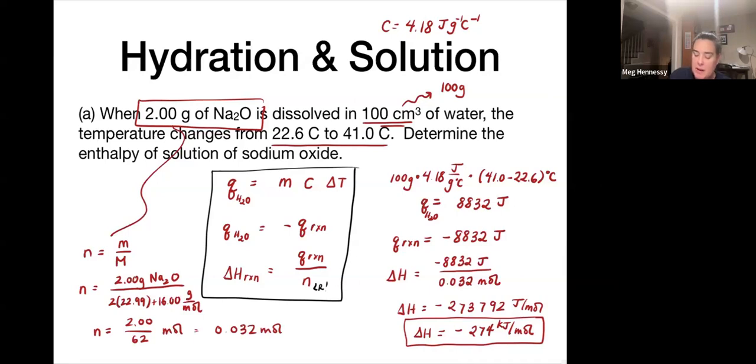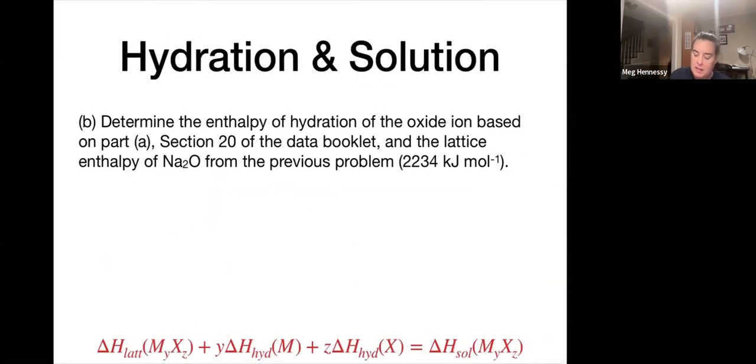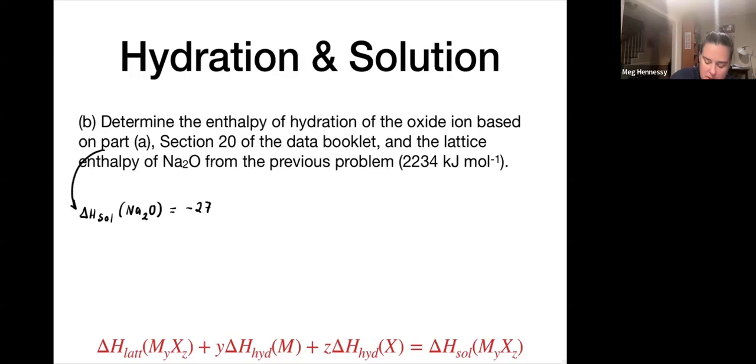So on we go. We're now going to see if we can use this value to figure out the delta H of hydration of oxygen in our most glorious and final super tough enthalpy cycle. So I'm going to look at this last problem and say, determine the enthalpy of hydration of the oxide ion based on part A. So in part A, we learned that the delta H of solution of sodium oxide is equal to minus 274 kilojoules per mole.